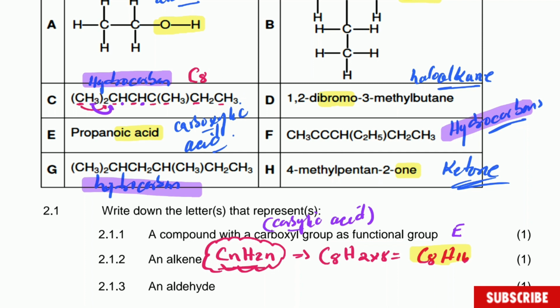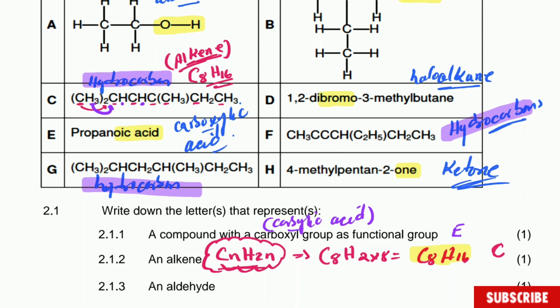So in this case, we have 16 hydrogens. Therefore, C is an alkene. So let's write it here. Alkene. All right, so you can see that compound C is the answer for this specific question.